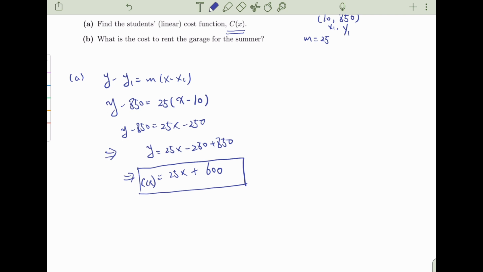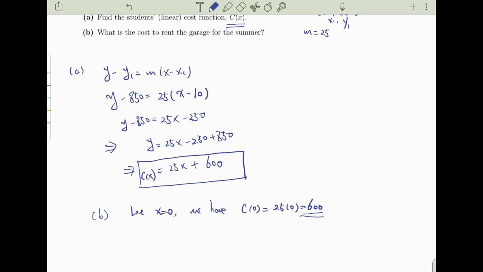So I have x equals 0. We have c of 0 equal to 25 times 0 plus 600, equal to 600.